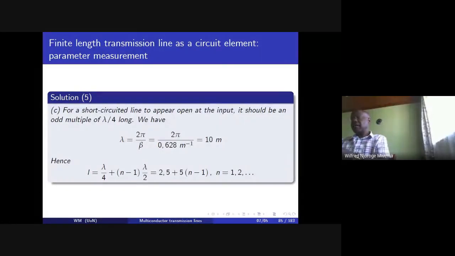For L to appear as an open circuit, it will be lambda by 4 plus the n minus 1 multiplied by lambda by 4, and you can get that as 2.5 plus 5 into n minus 1, and so forth. We can always put this in terms of lambda by 4 outside by factorizing out the 2.5. We get 2.5 times 1 plus 2 n, and so forth.